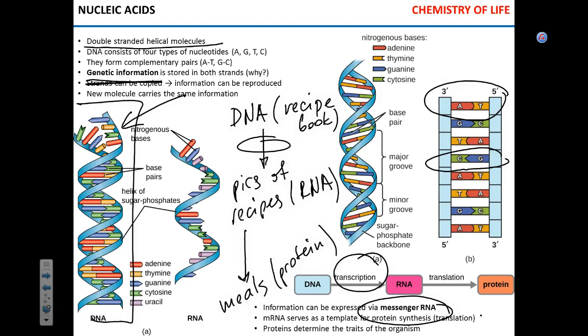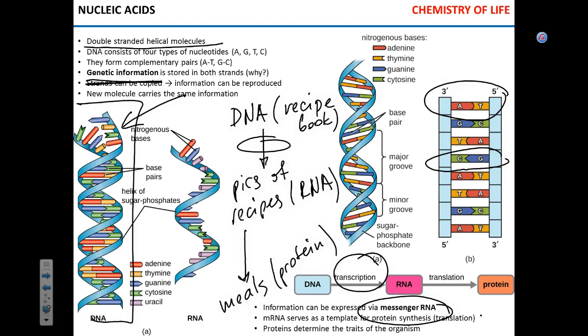You have one strand that carries the entire genetic information, and another. What is the function of the second? You have one recipe book, and then in the basement you have a second one. A copy. That's a backup plan. Okay? If a page is missing, you have a copy in the basement. Does that make sense?